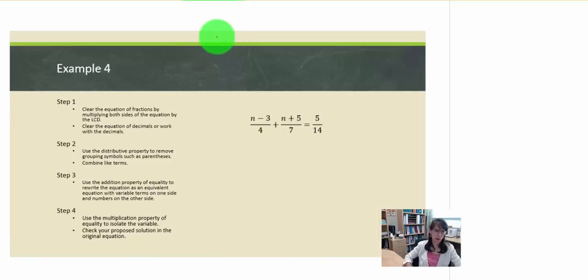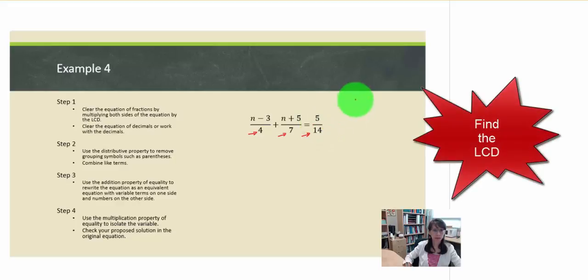In example 4, we have some fractions. So in order to solve an equation that has fractions, we need to eliminate the fractions. So I'm going to take each one of these denominators to help me determine what the lowest common denominator is. Starting with the number 4, I know that I can divide that by the prime number 2 and be left with 2.